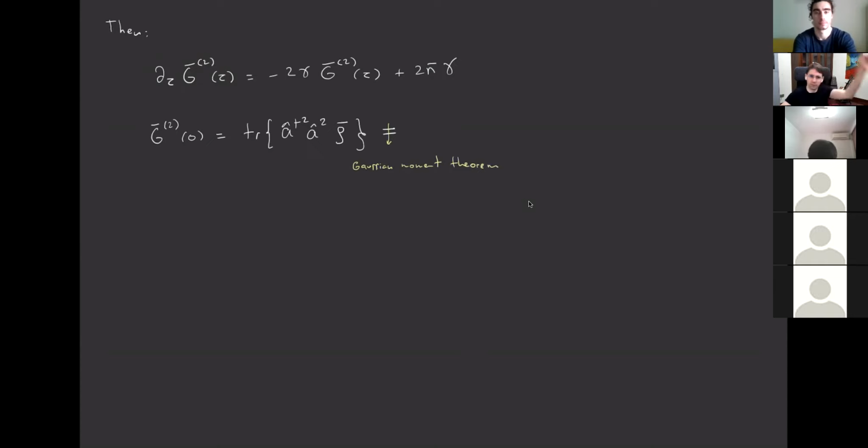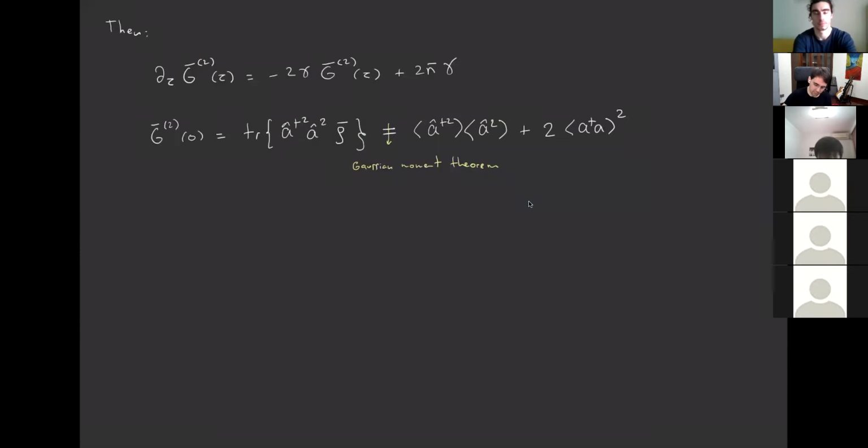If you remember from the beginning of the course, if you know that this state is Gaussian, then you can take fourth order correlation or fourth order moments and expand it in second order moments. And in particular, what you get is that this is equal to just the expectation value of a square times a dagger square, plus twice the same contribution, which is a dagger a, squared.